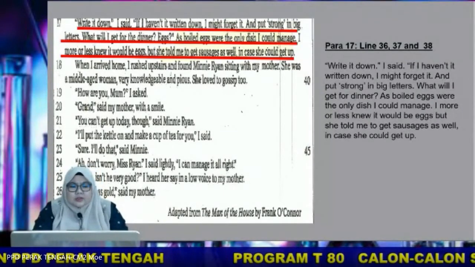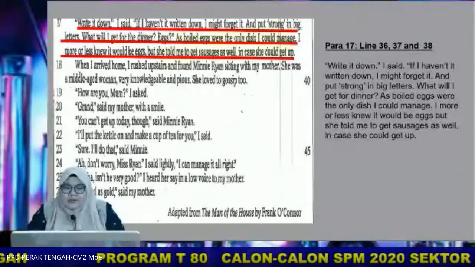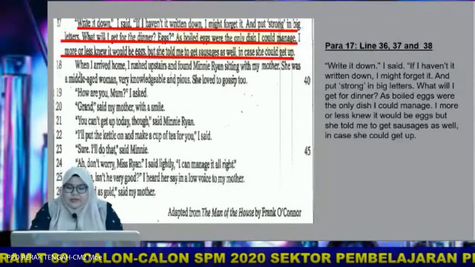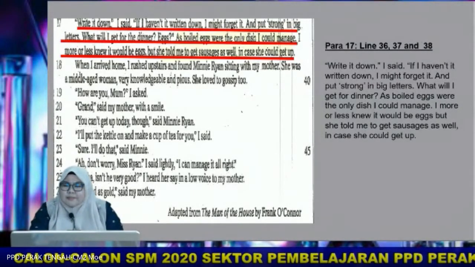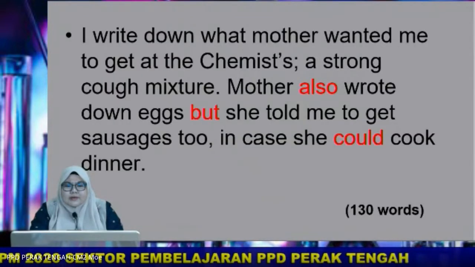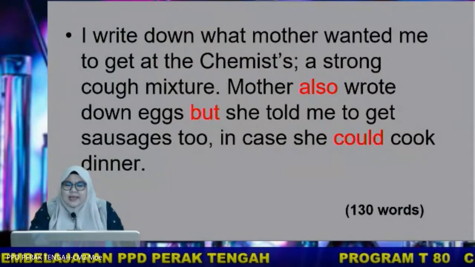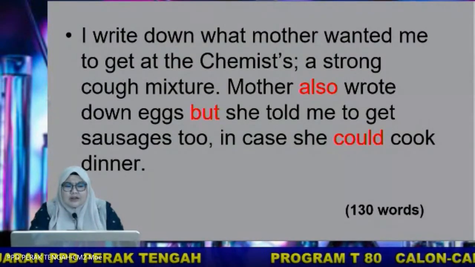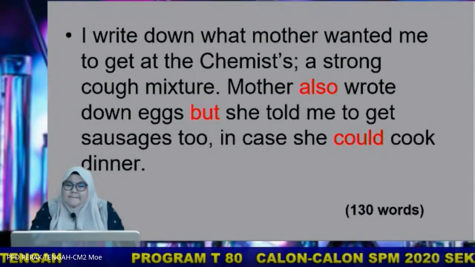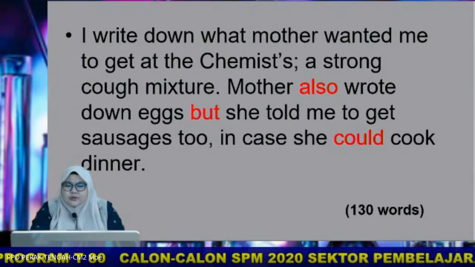Okay, so how do we write these dialogues and turn them into sentences as our summary writing? We also use compound sentences and complex sentences. It will turn like this: I write down what mother wanted me to get at the chemist, a strong cough mixture. Mother also wrote down eggs, but she told me to get sausages too in case she could cook dinner.